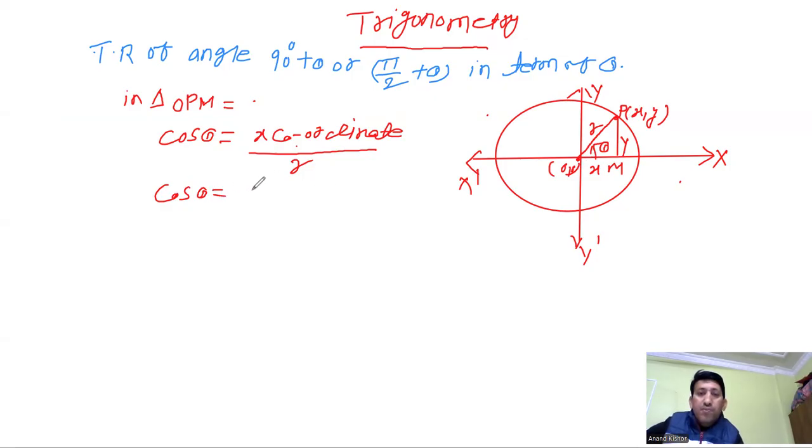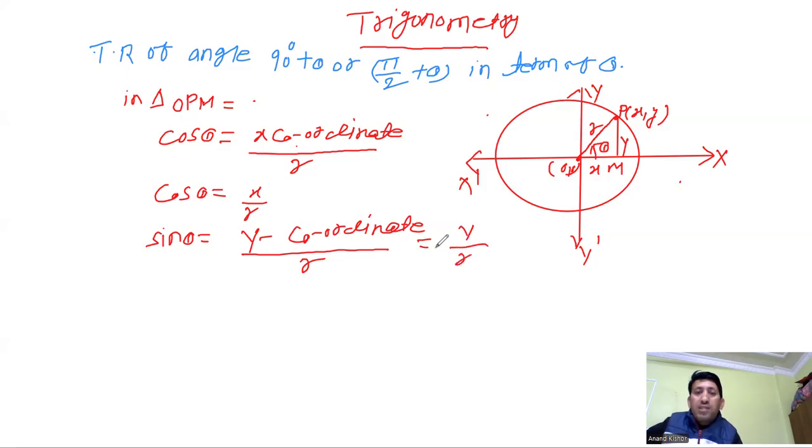So cos theta is x by r, and sine theta is the y coordinate on the radius. OP is the radius. So the y coordinate is nothing but y on r. Similarly, we can find tan theta, cosec theta, so many ratios are there. First, we will concentrate on cos theta as x by r and sin theta as y by r.